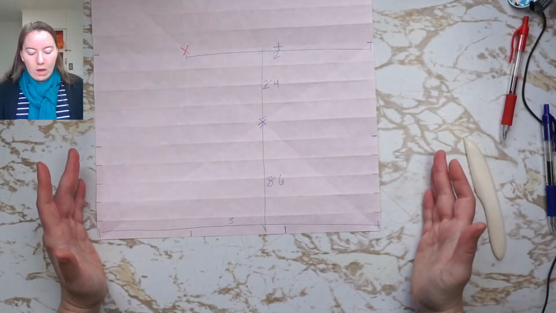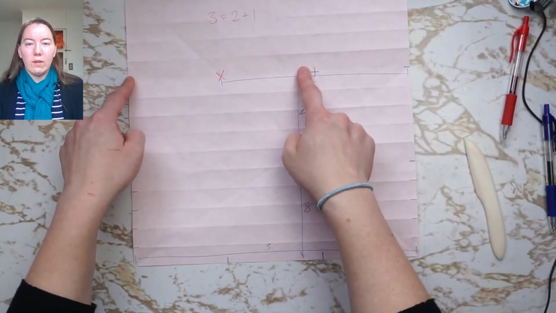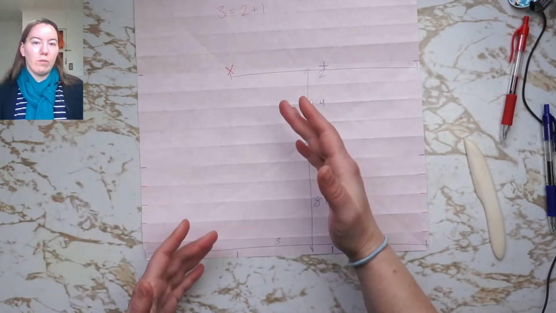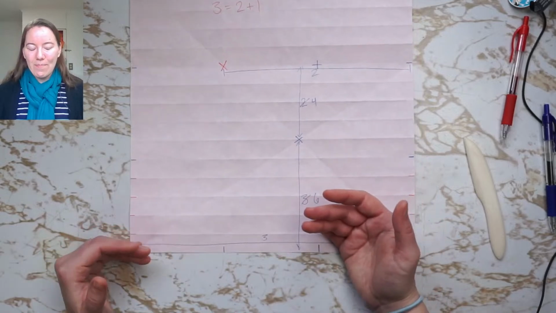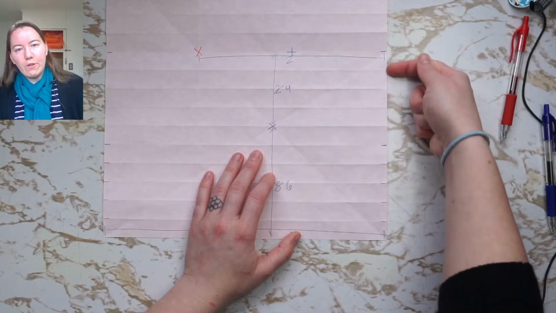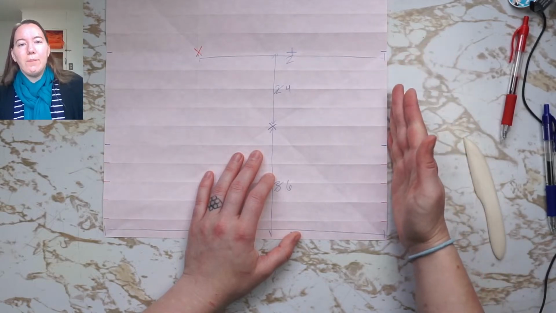Even if I had chosen the other 2 spacings for my 2 and 3, I would still have a similar relationship. I would just need to justify it another way. And that justification is that this edge is a grid line.